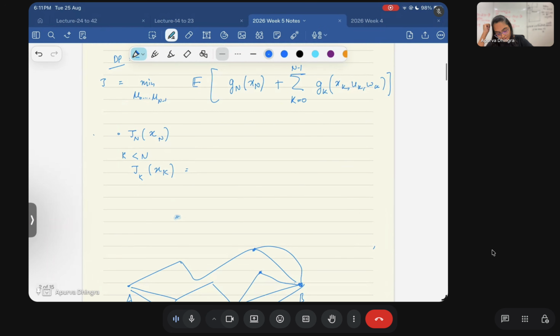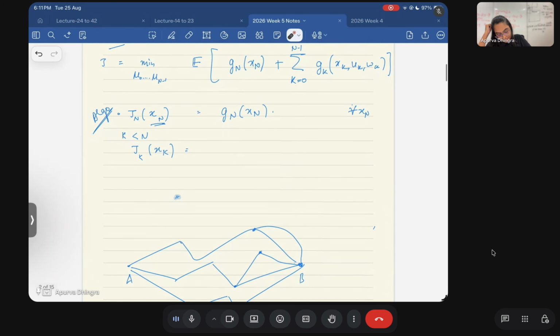The DP algorithm says that we are supposed to take this J_n value at the last terminal point for all the states x_n that are feasible. This is just g_n of x_n, nothing else.